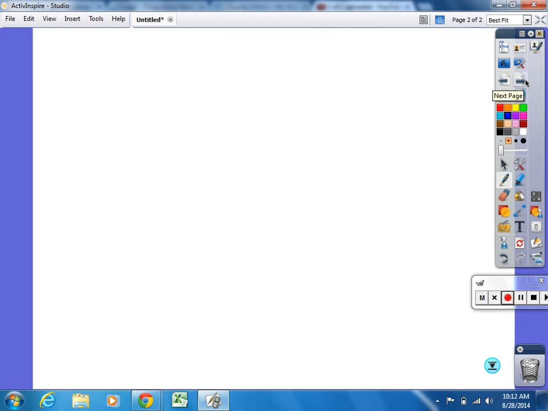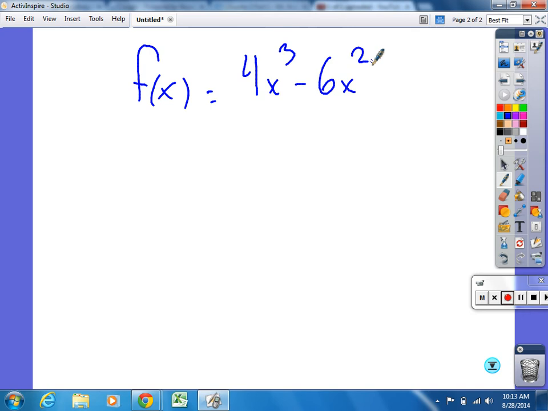You've already kind of done this one. This one kind of looks nasty, but just brush it off and say, I can do this. Like 4x cubed minus, I'll make this up as we go, 6x squared minus 12x, and then a lovely plus 18.